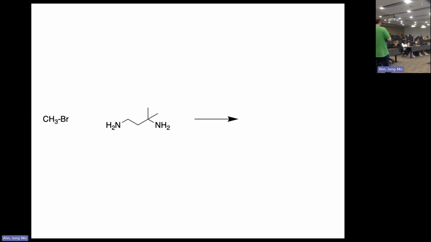What will be the products of this reaction? What makes it nucleophilic is a nitrogen lone pair. This nitrogen has a lone pair, that nitrogen has a lone pair. So which one will most likely be a good nucleophile? This one or the other one? That's how you should think about it.